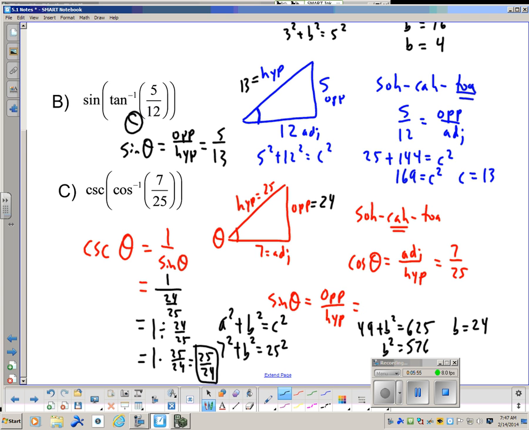Or some people, when they look at this, think, oh yeah, I just have to flip the sine ratio. So if the sine ratio ends up being 24/25, we can just flip that and get 25/24. So whichever way you want to do that, it's still going to end up giving you the value of 25 over 24.